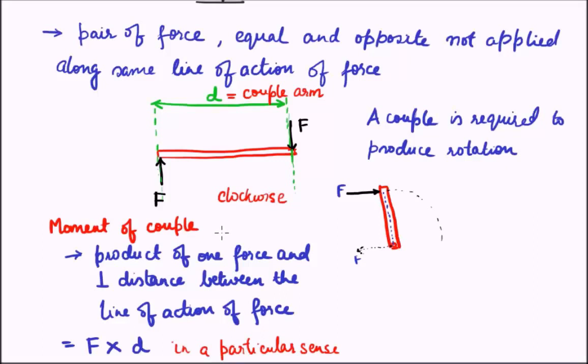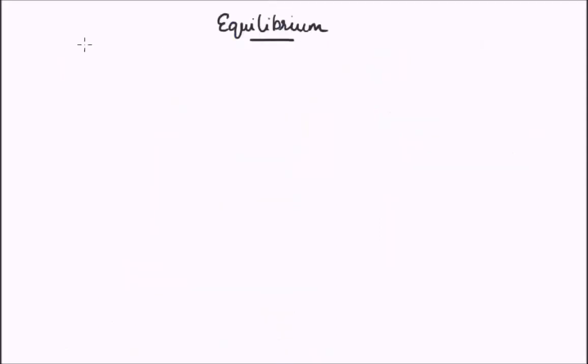With this, we have an idea about couples. Next, let us study equilibrium. We have read till now that forces result in a change in the state of the body. If it is in a state of rest, it might start having motion. If it is in a state of uniform motion, there might be an acceleration.